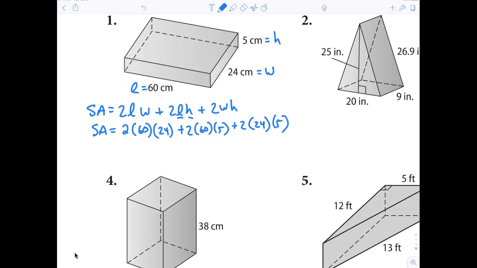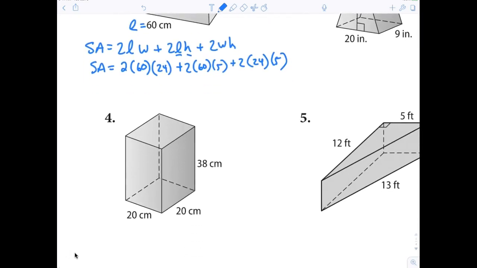And somebody tell me. Come on. That's what I got. 3,720 centimeters squared. Remember, we're not doing volume, we're doing area.